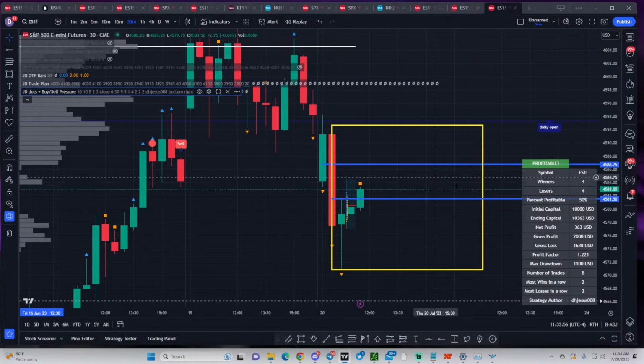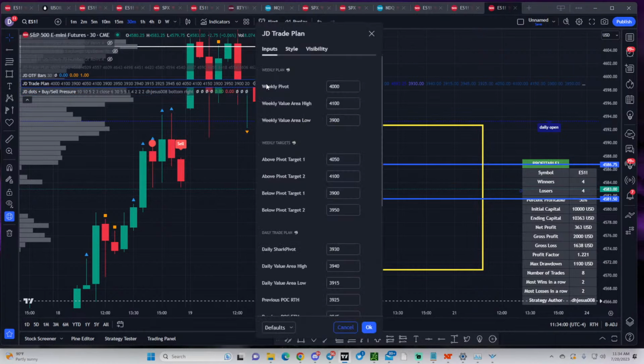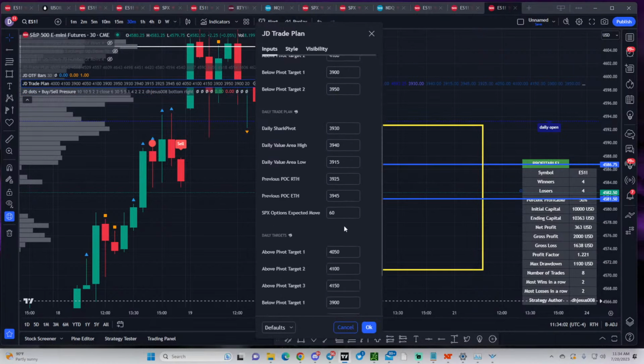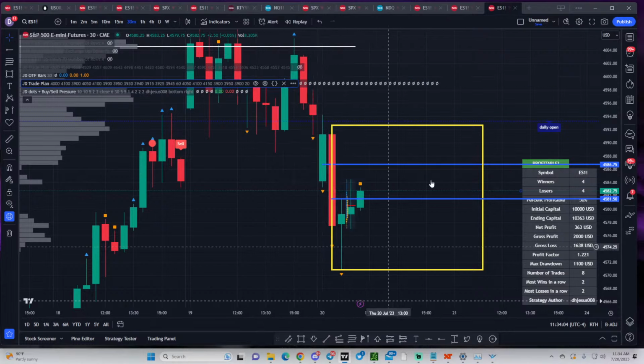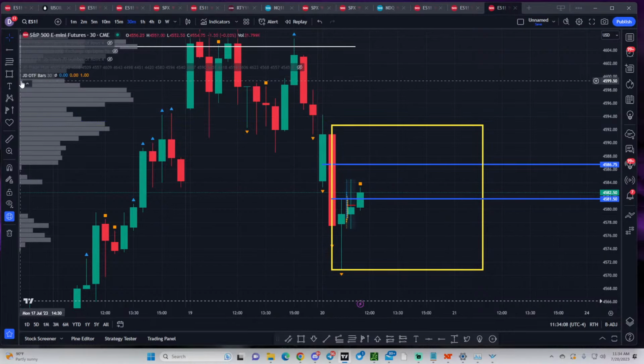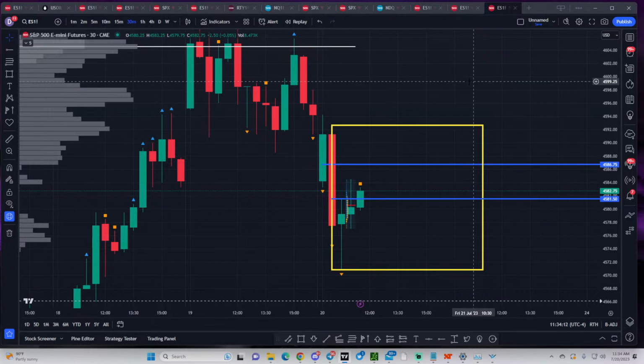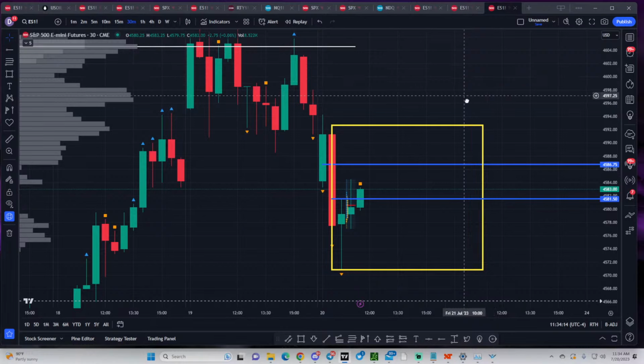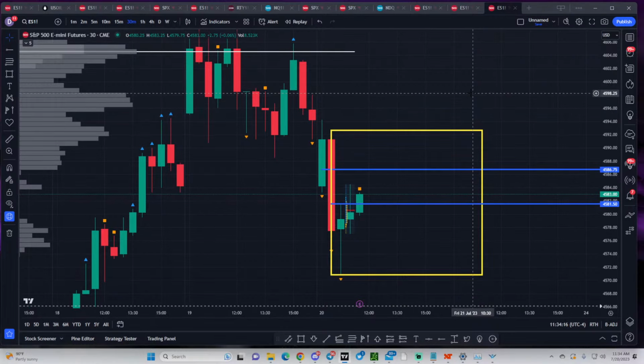And this one is the trade plan plotter, so we plot the levels and everything. Some of you already have it. I'm going to make one more indicator public today, and I have to explain what it does, but it's not part of the class.